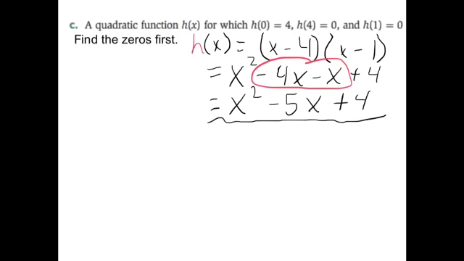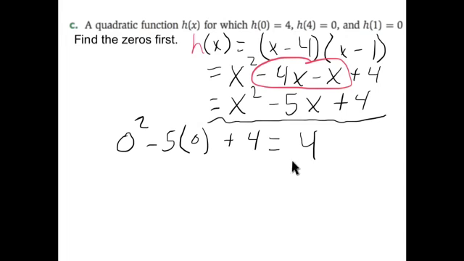Let me just illustrate that a little bit. I've got 0 squared minus 5 times 0 plus 4. And that equals 0 plus 4, which is 4. So our other constraint here, that when we plug in 0, we get out 4, that's true.